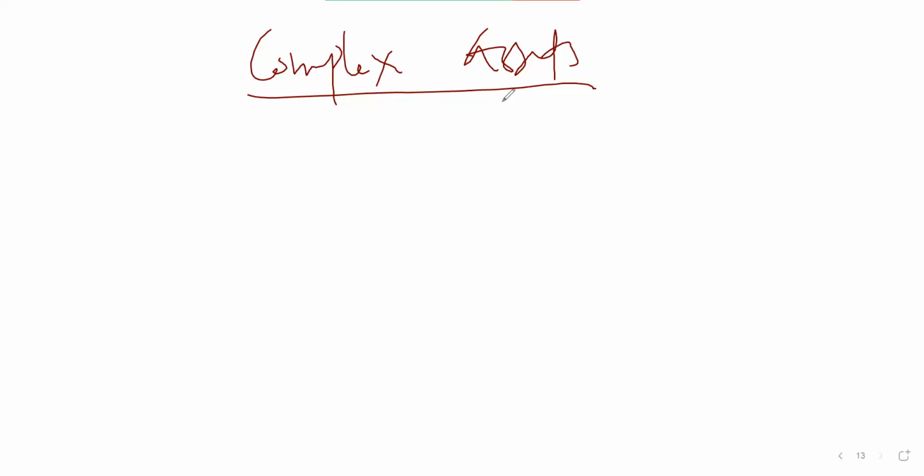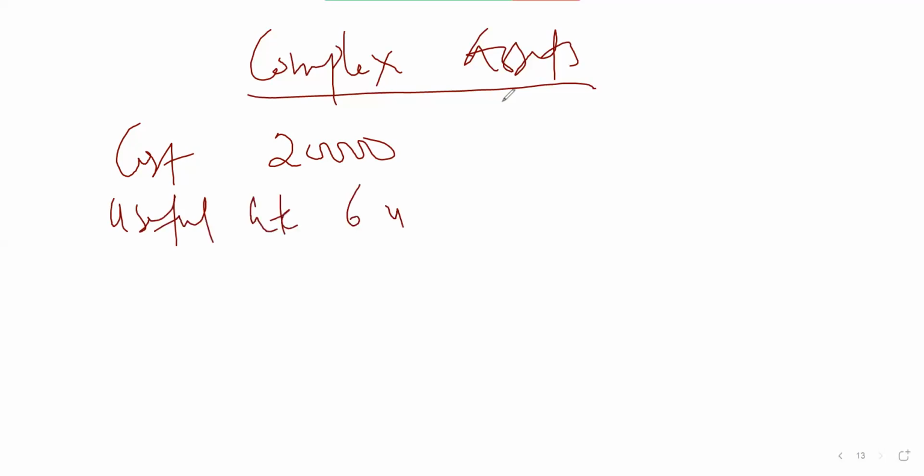Let's talk about revision of the useful life of an asset. Assuming we bought an asset at a cost of 20,000. We estimated our useful life will be 6 years.